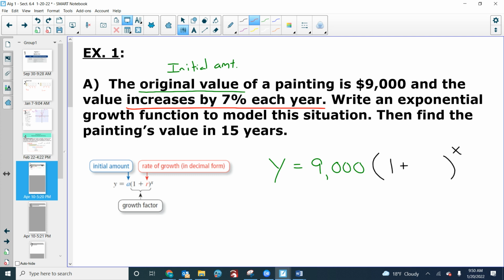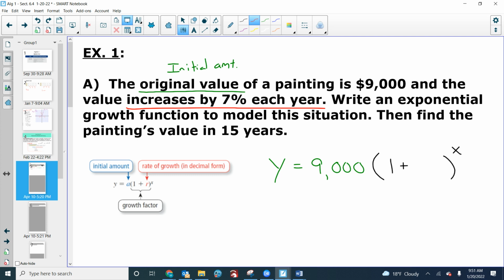What's 7% in decimal form? 0.7 or 0.07? When we say it all the time, you guys never stop and think about it. If I'm a 7% half court shot maker in basketball, if I shoot 100 shots, how many am I going to make? What does the word percent mean?